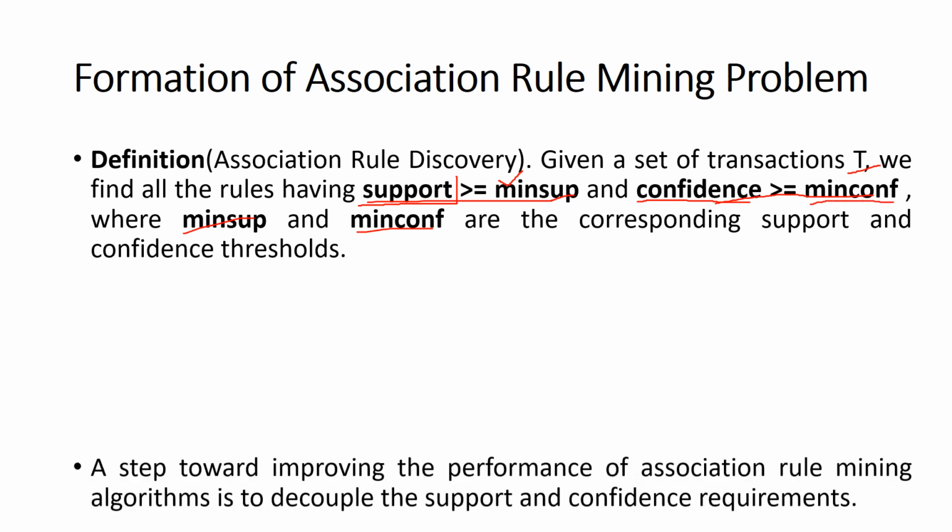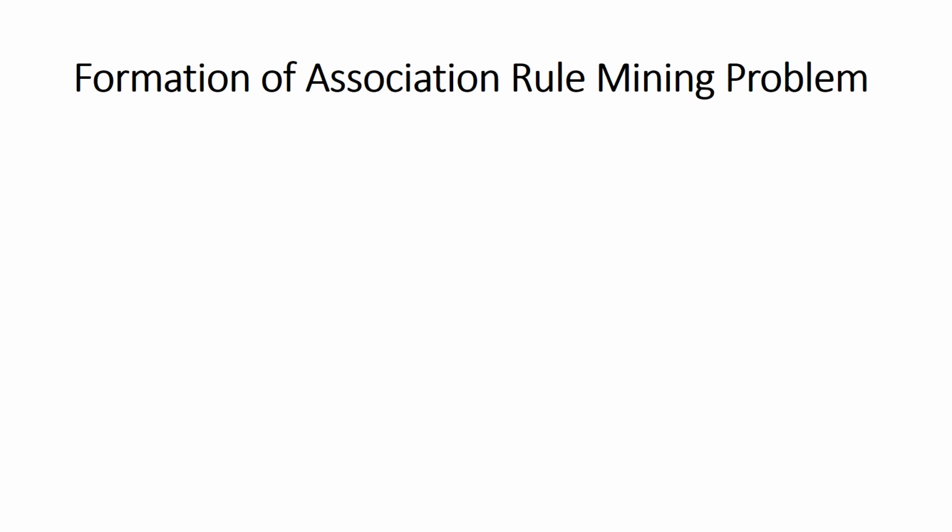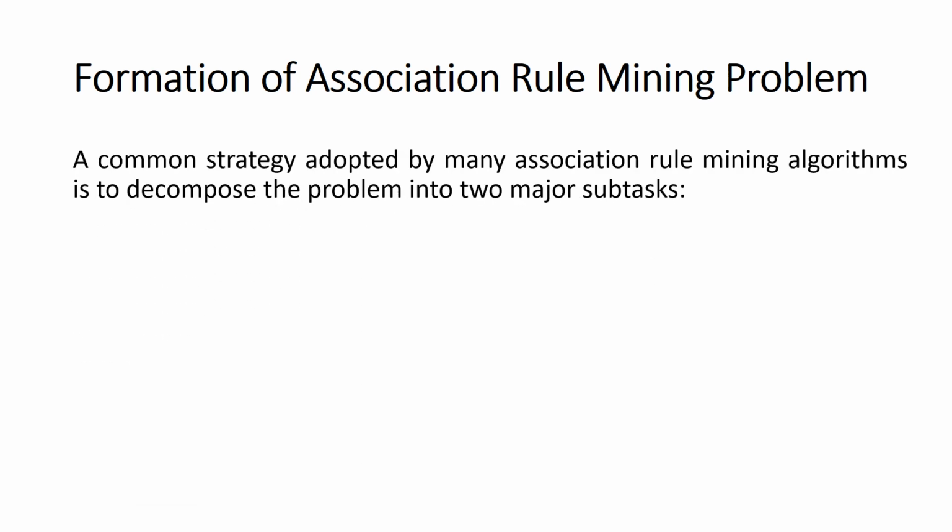Therefore, to improve the performance of the association rule mining algorithm, we decouple the support and confidence requirements. The activity of decoupling the support and confidence requirements is done by decomposing the problem into two major subtasks.